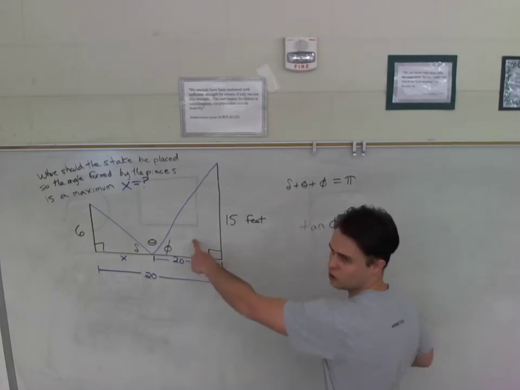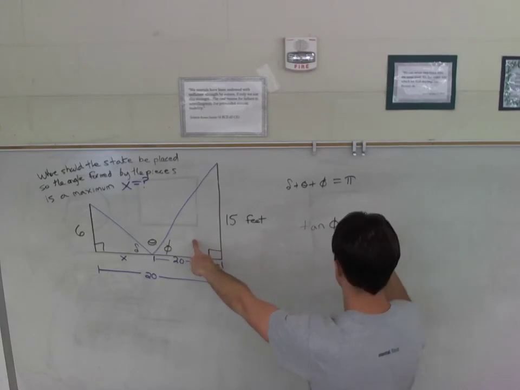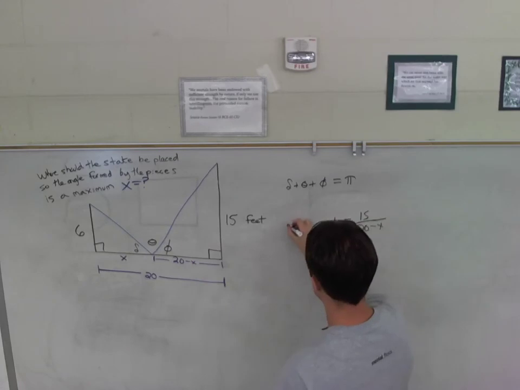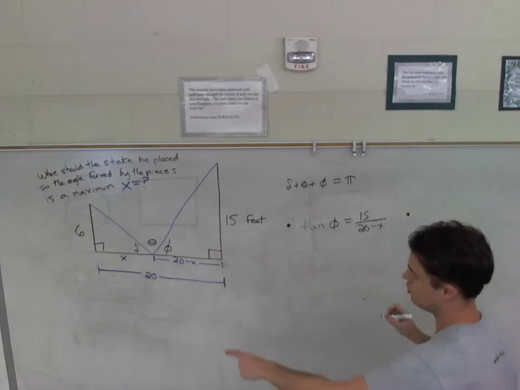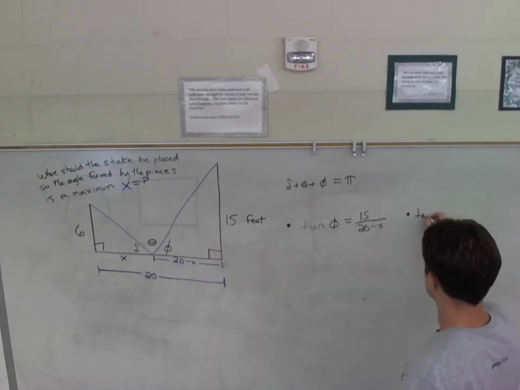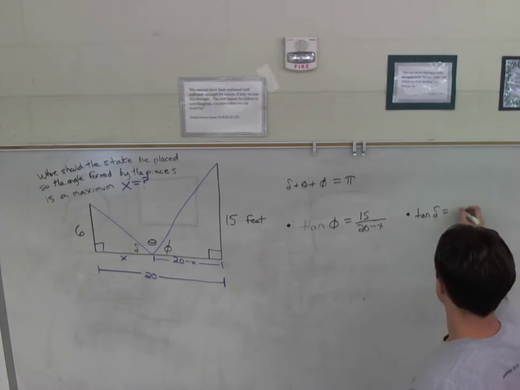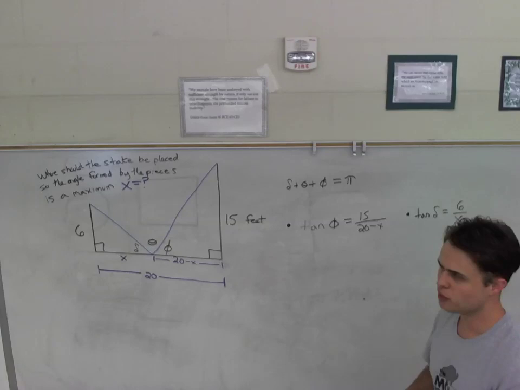Tangent of this angle equals 15 over 20 minus x. There's one equation. And then we can do another one for the little triangle: tangent of delta equals 6 over x. So those both involve x.